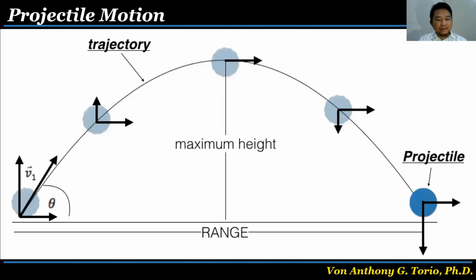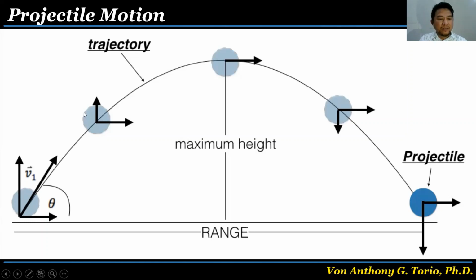Here is the path taken by a projectile, and that path is called the trajectory. Notice that this illustration of the path of a projectile showcases some interesting points.